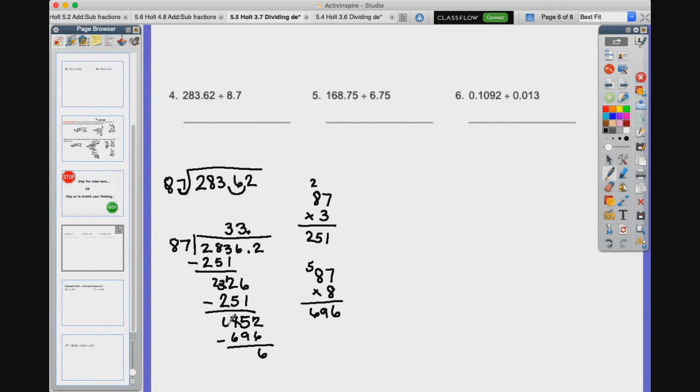I have 6 left. 15 minus 9 is 6. So I have 66 left. Does that work? Yup. So 66 goes into, or I'm sorry, 87 goes into 66 how many times? Well, it's not going to work, is it? So what are we going to have to do?